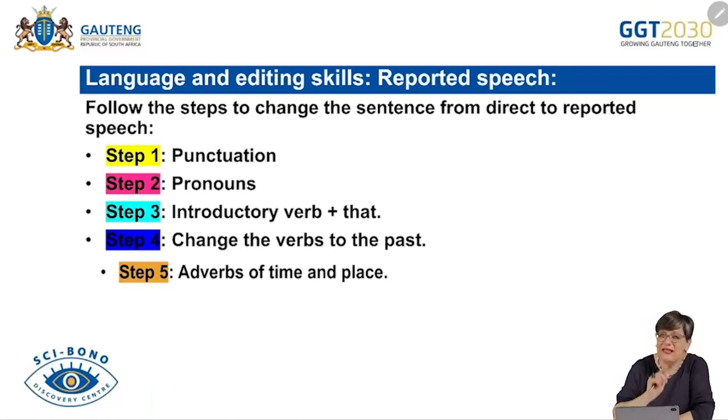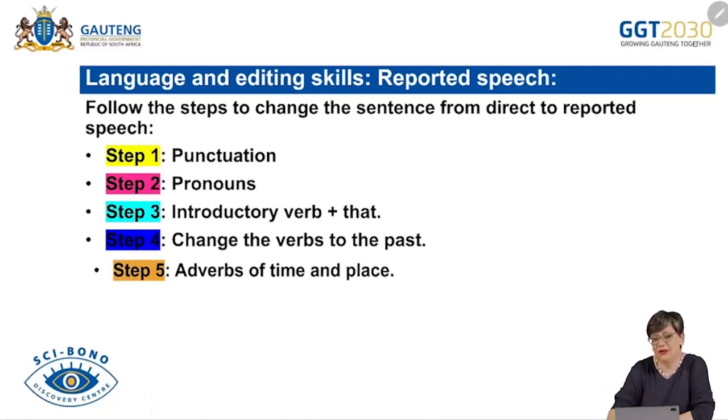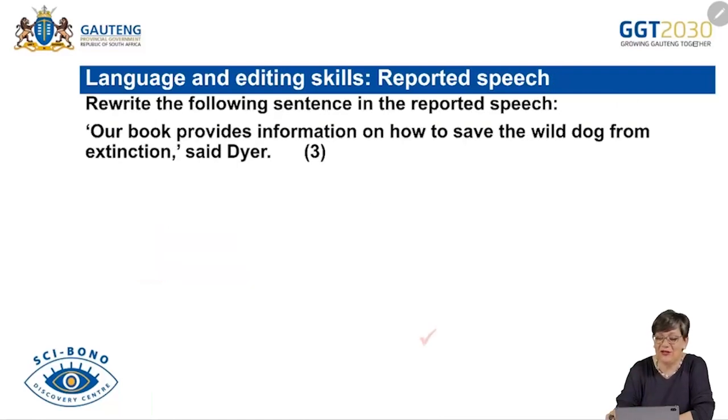If you can do these 5 steps, step by step, I promise you, you'll be able to do reported speech. Now, I know we're going to go quite fast here, but when you're watching or re-watching the video, you will be able to stop, pause, and go through it slowly.